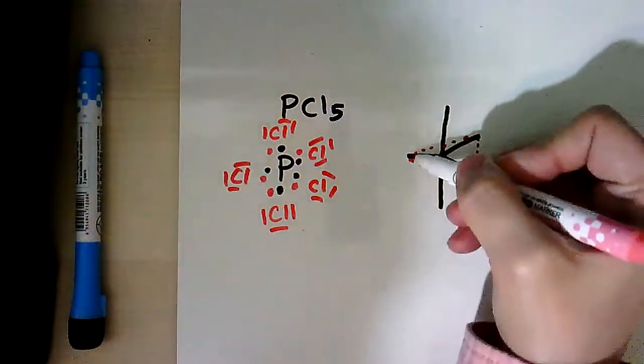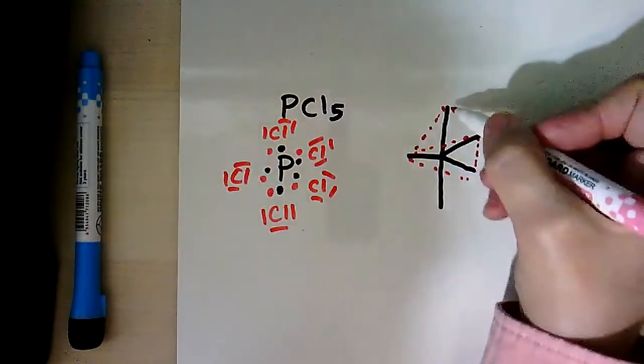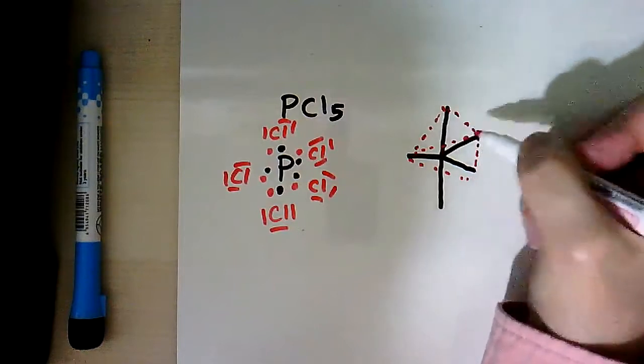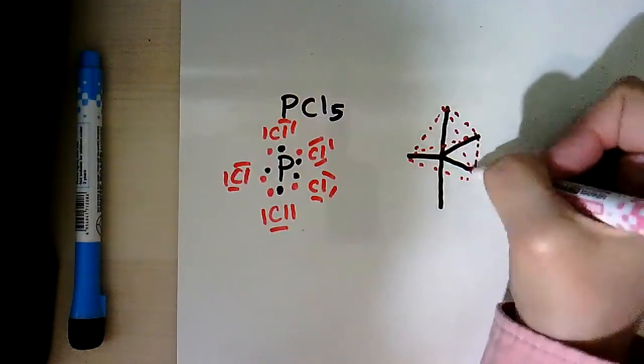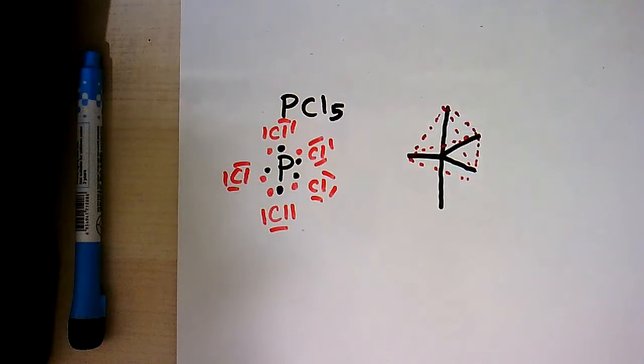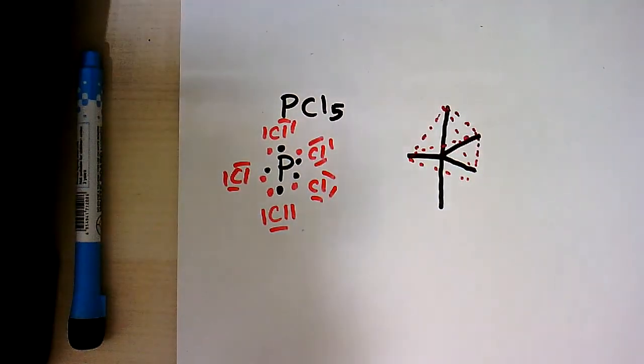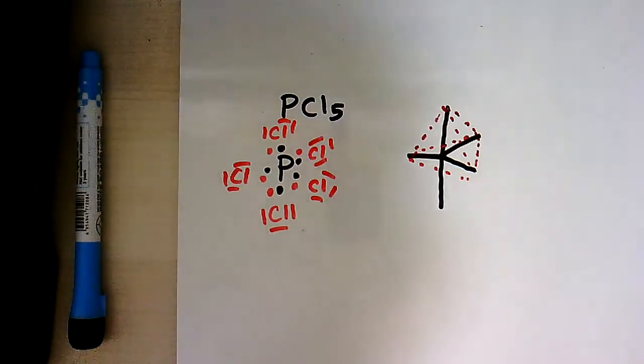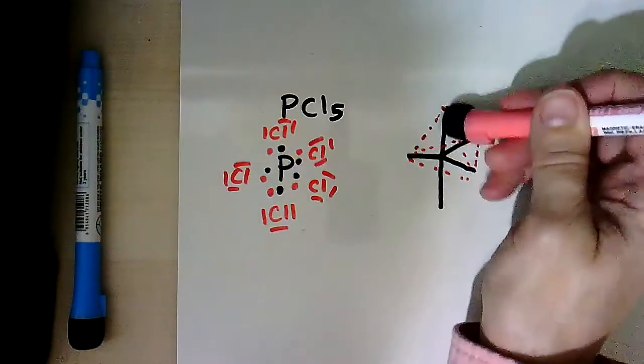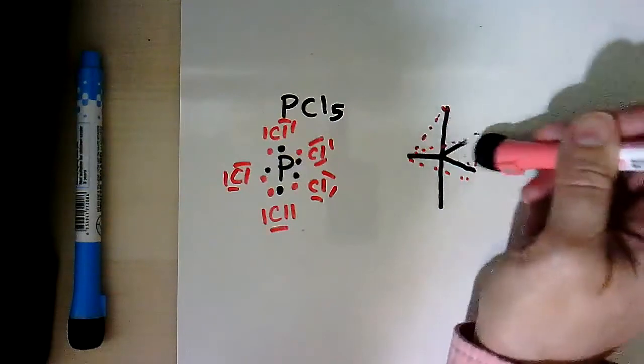And then if you connected them to this top spot here, they might make a triangular pyramid. Now I'm going to erase all these dotted lines because I don't think we need them anymore.